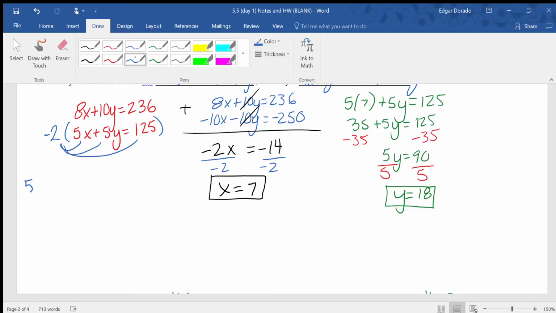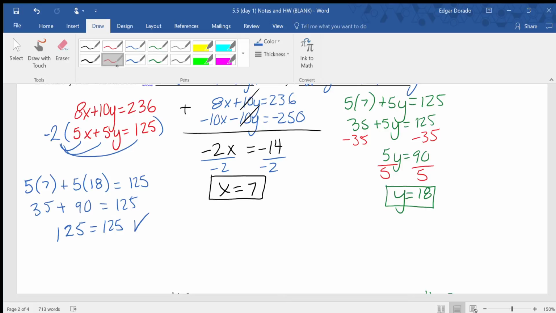So I'm going to do 5 times 7 because x was $7, and then 5 times 18, which we just found out. So this is 35 plus 5 times 18 is 90. And 35 plus 90, that is 125. So is 125 equal to 125? Yes, it is.